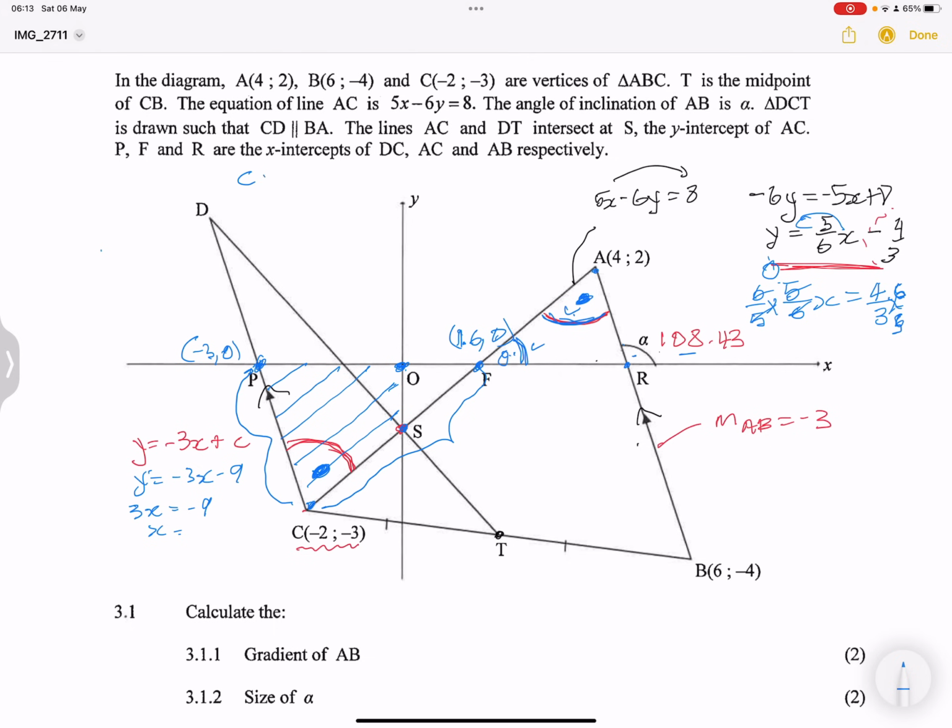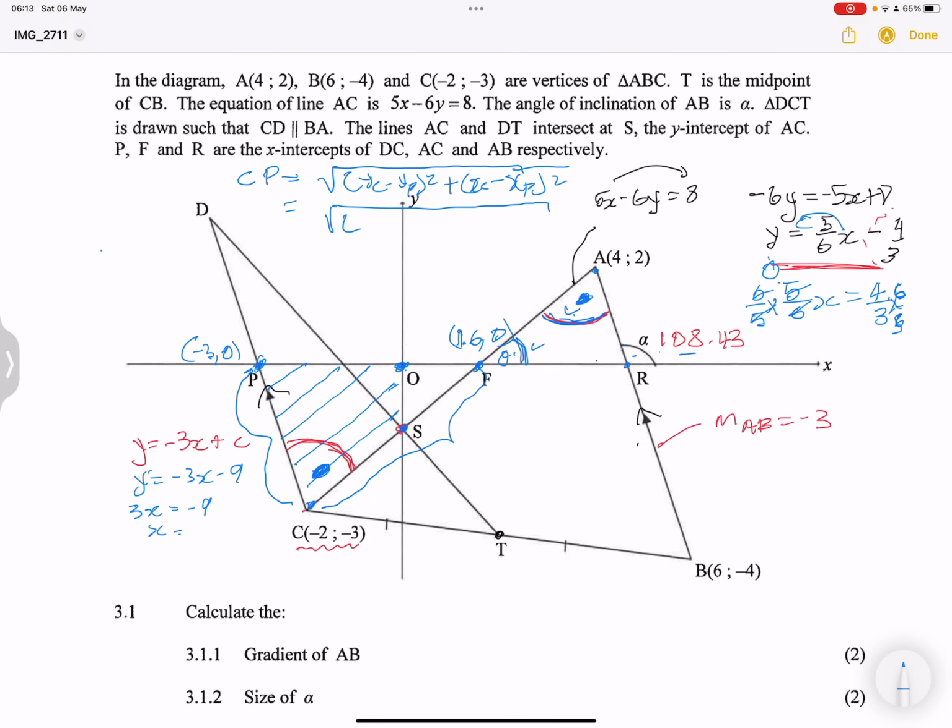The length of CP would be, remember our distance formula, yc minus yp squared plus xc minus xp squared. Sorry for working on the diagram itself, I just don't want to lose the values as I scroll down.